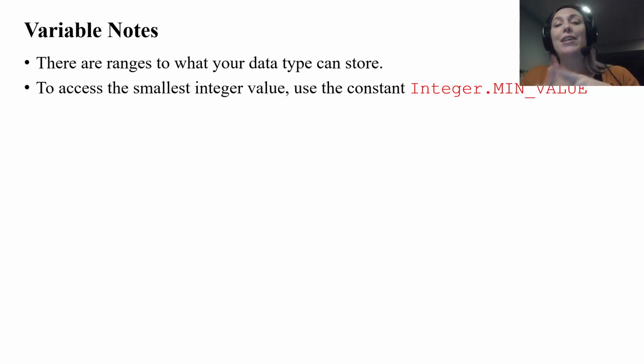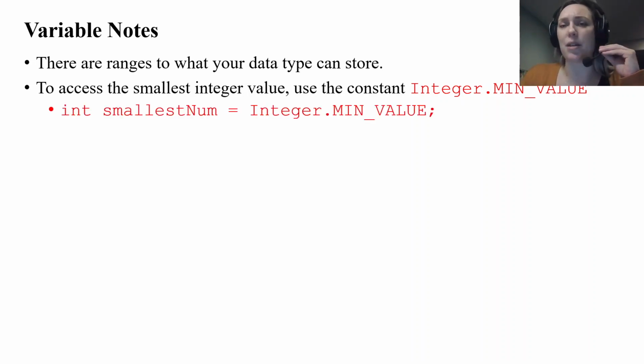We'll talk more about constants and these global variables that we're using in Unit 2. For now, I just want to show them to you so that you have seen them, and we'll talk about more ways to use them when we write more interesting programs. Here's an example of how we would define the smallest number that an integer could hold.